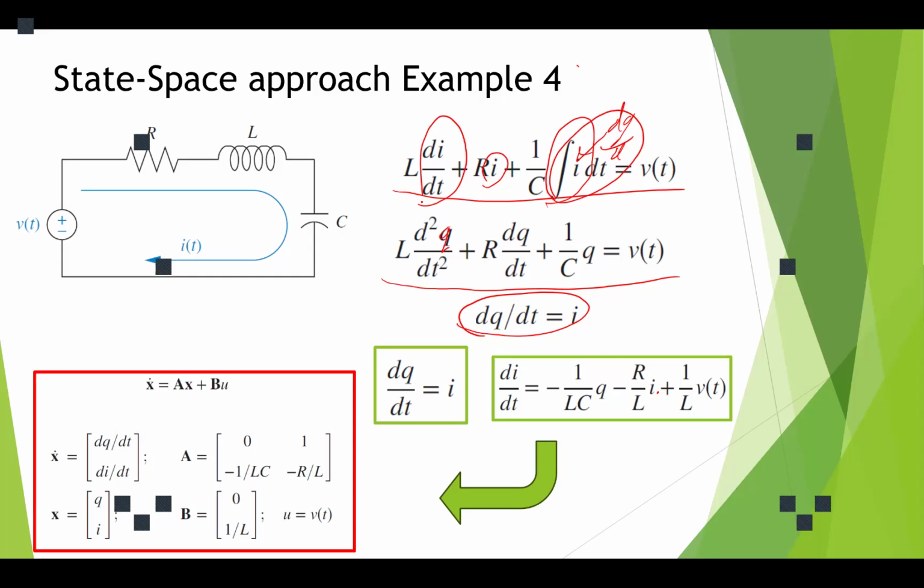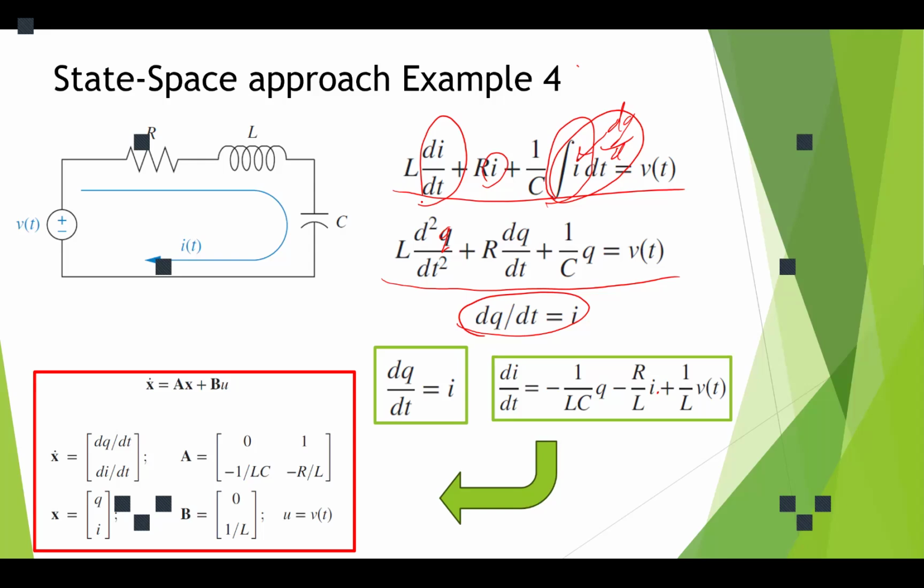It means something physically, but I don't want to get into that because we're talking about the state space, okay? Now, what we want here is to simply get rid of that integral.